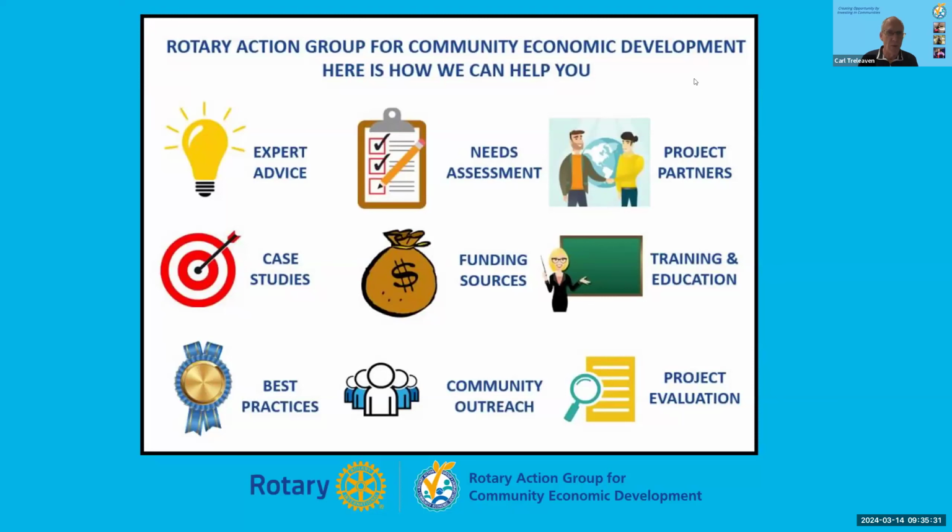As you know, for global grants, needs assessment is a critical area. Helping you find project partners. Oftentimes you've got a great idea, you don't know where to find a good partner. We can help you with it. We also have a range of case studies that can be useful to you in determining how to actually structure your project.